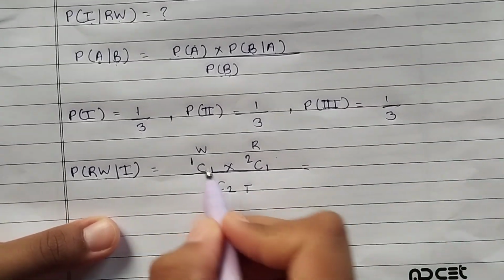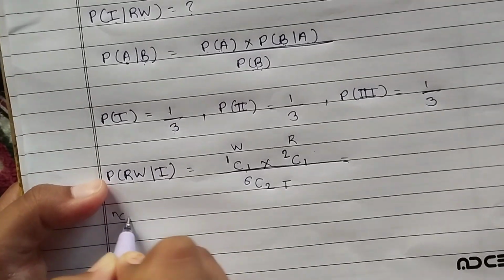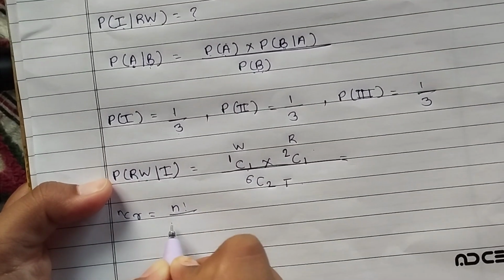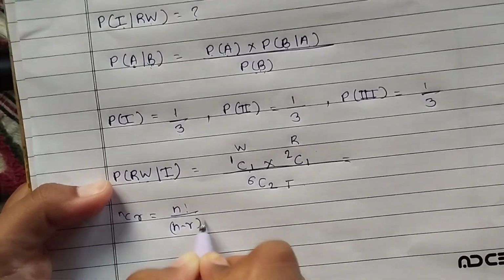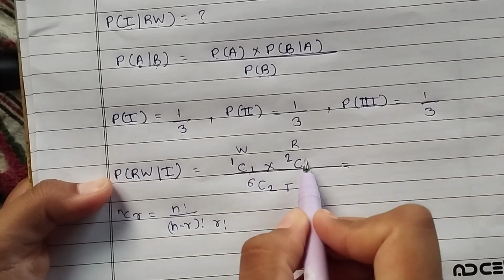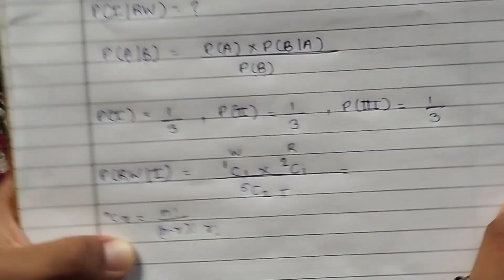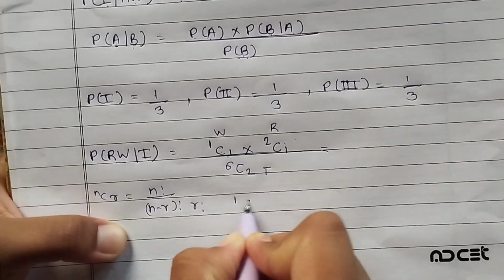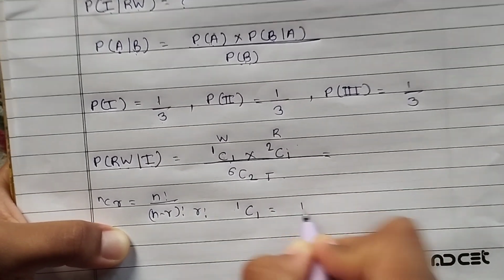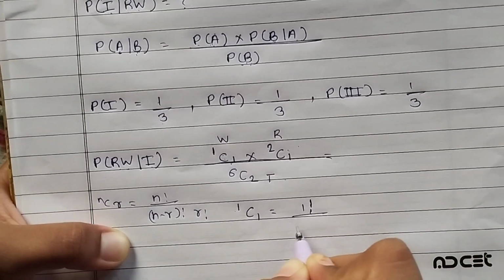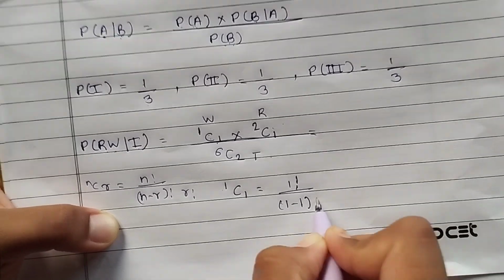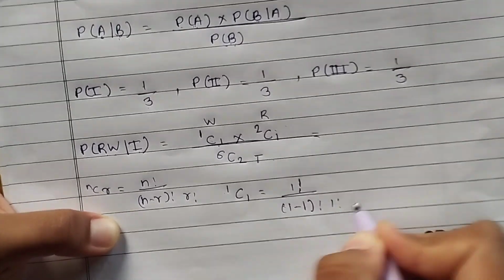If you solve this, nCr is nothing but n factorial upon (n minus r) factorial into r factorial. The same formula applies for these entities. So 1C1 is n factorial, where n is 1, so 1 factorial divided by (1 minus 1) factorial into 1 factorial.